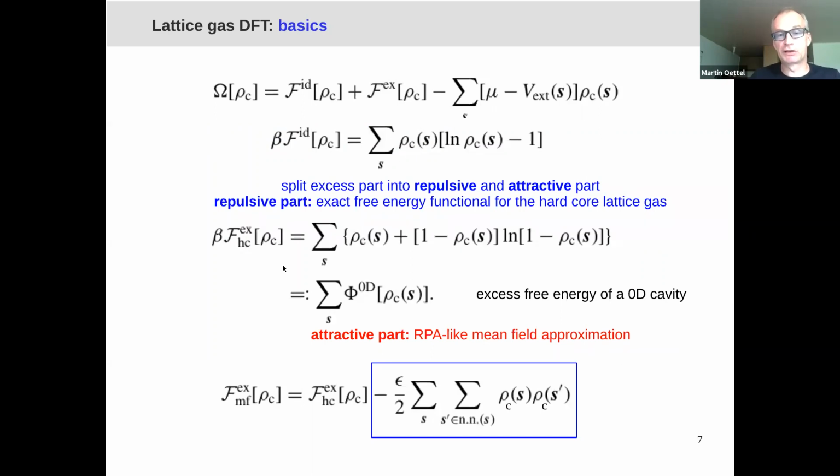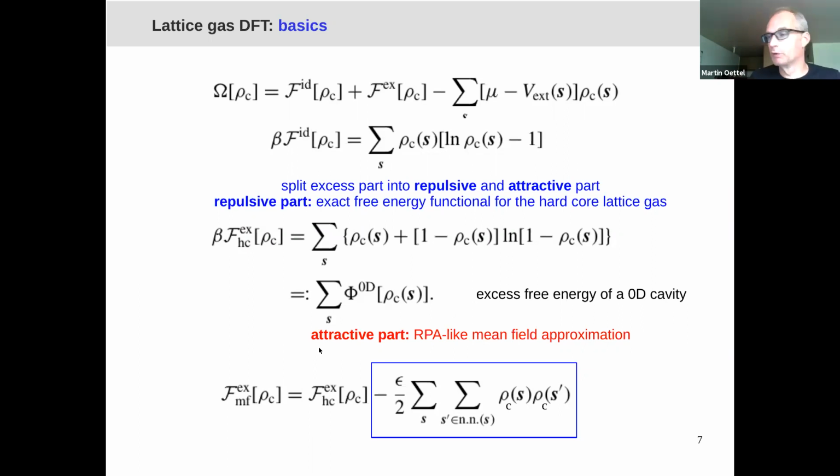The free energy functional splits into the repulsive part, the hardcore part, and this is exact. So this is the exact hardcore lattice free energy. It is local and actually very simple. And this also contains the excess free energy of a 0D cavity given here in the grand canonical formulation. And Jim has shown to you also this form.